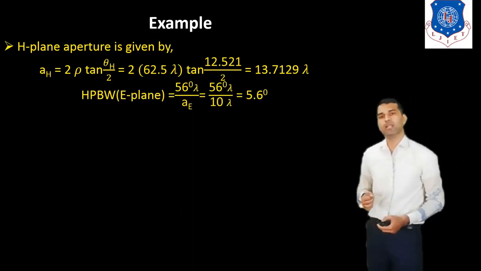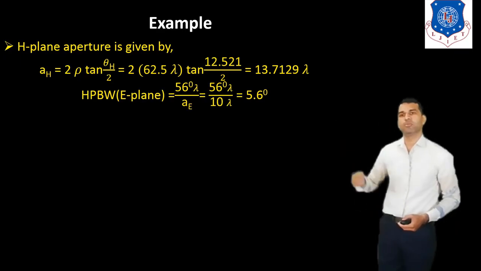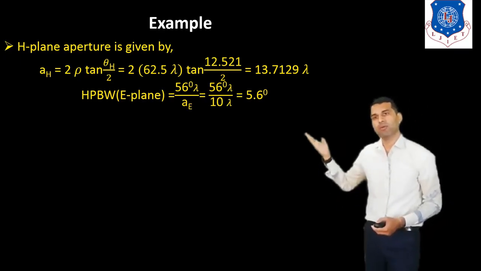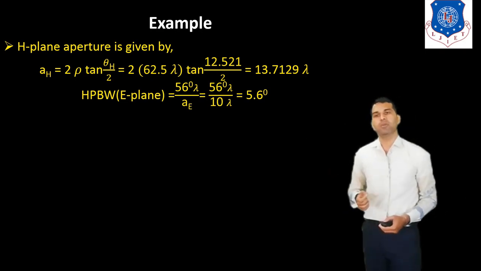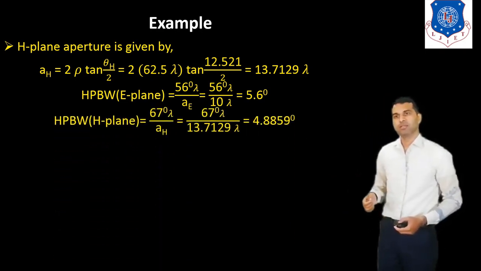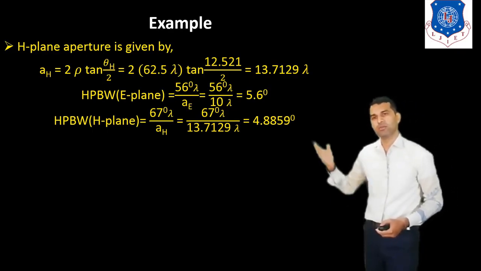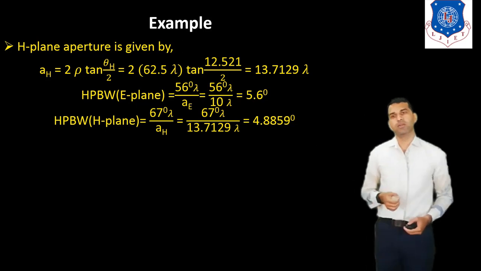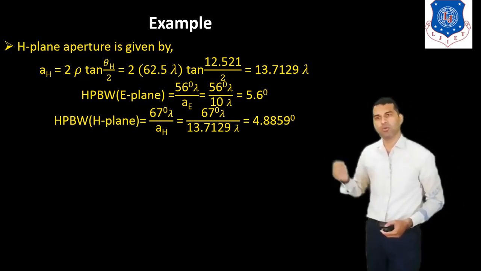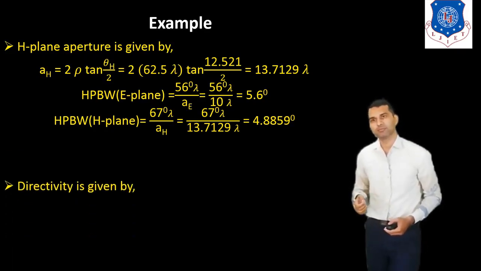We can calculate the half power beamwidth for the E-plane by using the equation 56 degree lambda upon a, and we get the HPBW for the E-plane as 5.6 degree. Similarly, we calculate the HPBW for the H-plane by using 67 degree lambda upon aH, and we get 4.8859 degree.